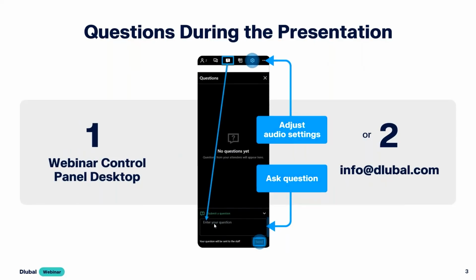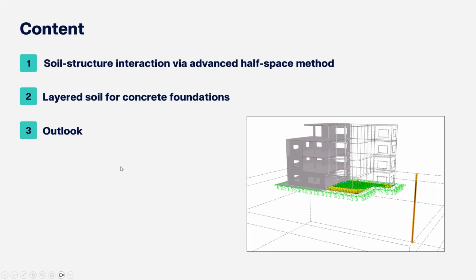Okay, thank you, Andreas, for the introduction. Welcome also from my side to our webinar today for the geotechnical analysis add-on. We will go to the first slide, and here we can see the content for today. The main topic for this webinar is soil structure interaction using the advanced half-space method.